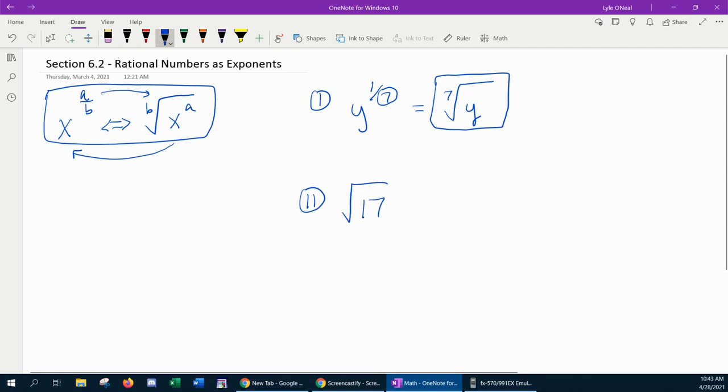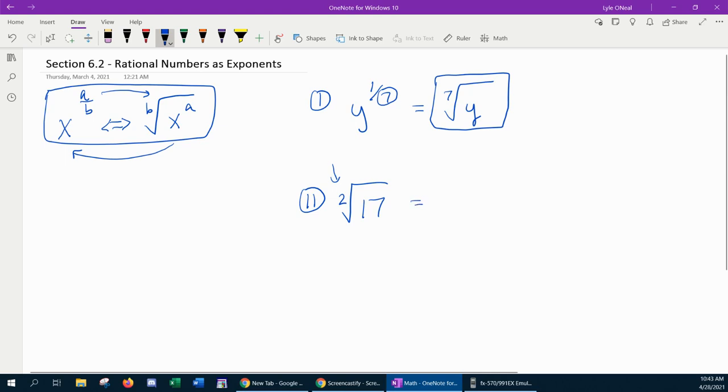Next, number 11, they want us to go the other direction. It says to write using a rational exponent. So here you need to remember that a radical symbol where you can't see the index means it's a square root with an index of 2.